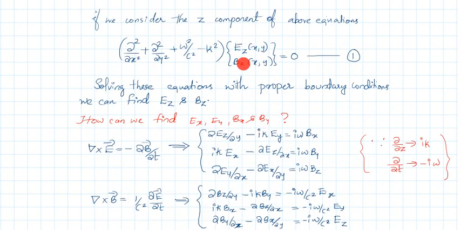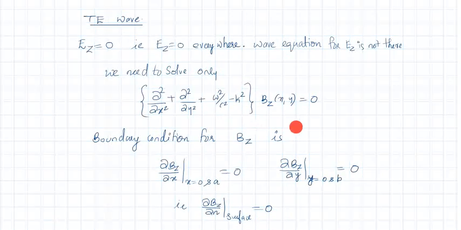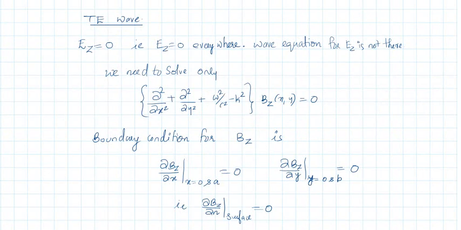So we have only one wave equation for Bz. So you just solve the wave equation for Bz with the boundary conditions of Bz, and that boundary condition is simply dou Bz by dou x at x equal to 0 and a is 0, dou Bz by dou y at y equal to 0 and b is 0.